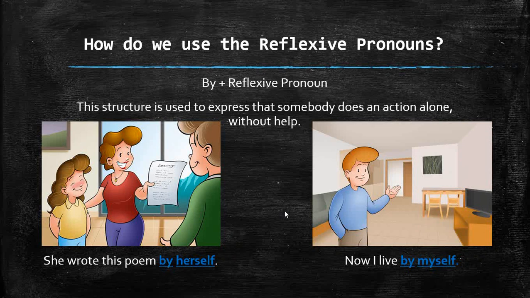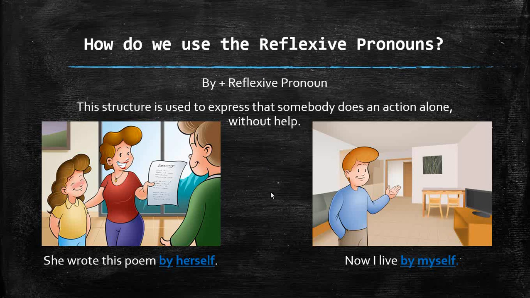We can also use this structure that is made with the element by plus the reflexive pronoun. This structure is used to express that somebody does an action alone or without help.